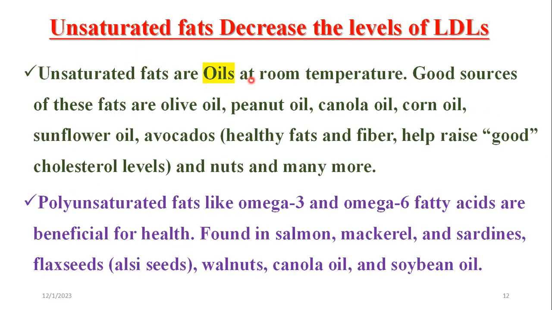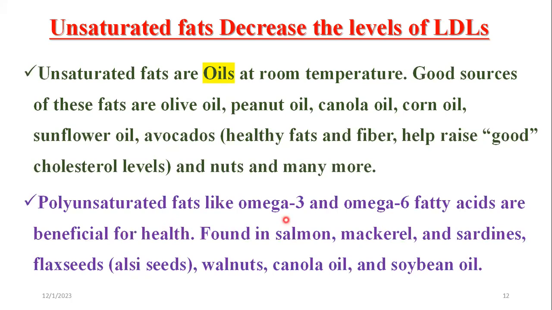Unsaturated fats also decrease the LDLs in our body. Unsaturated fats are like oils at room temperature. They are good sources of fats like olive oil, peanut oil, canola oil, corn oil, sunflower oil, avocados, nuts, and many more. These cause the reduction of the bad cholesterol in our body, that is LDL.